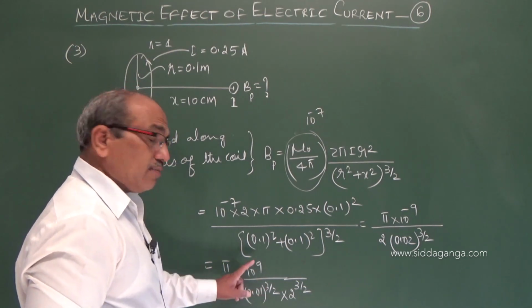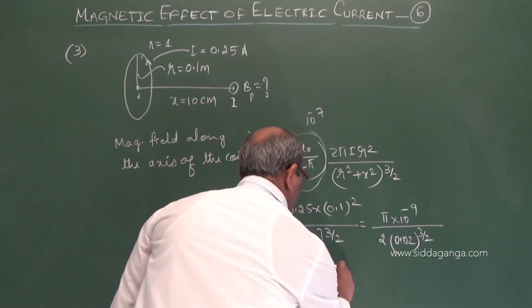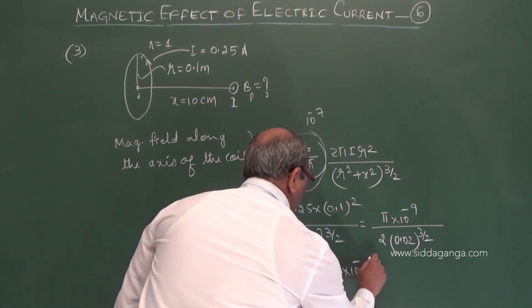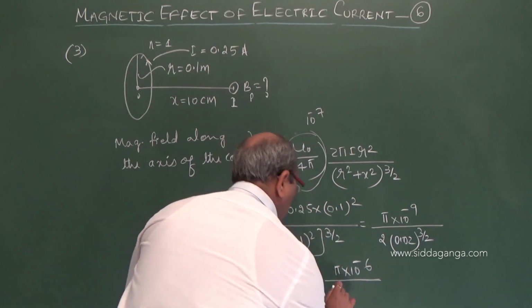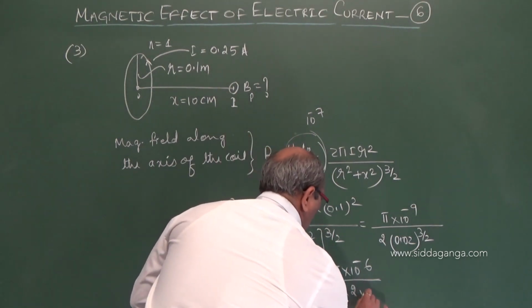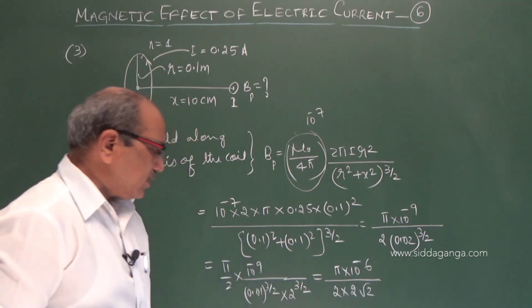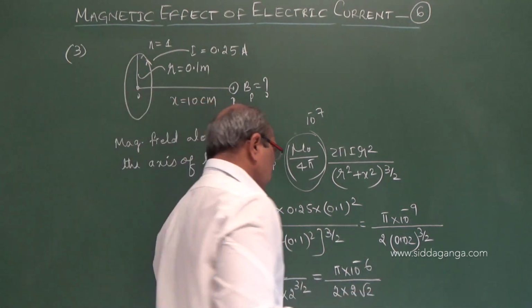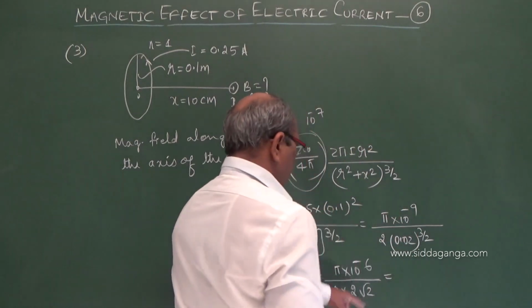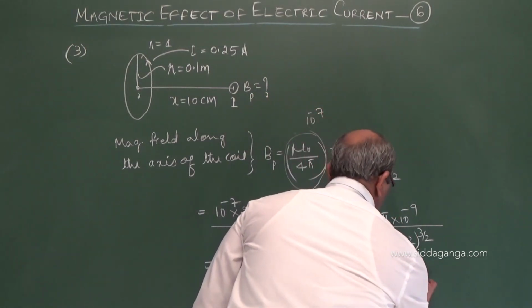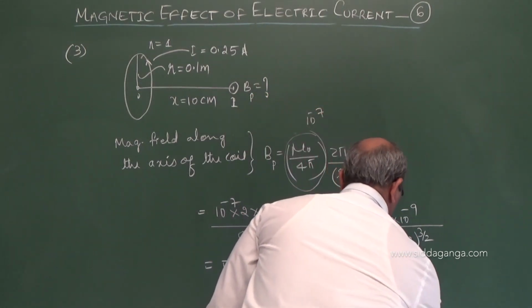This minus 3 and minus 9 combine to become minus 6. Pi into 10 power minus 6 by 2 into 2 root 2. Why? Because 2 cube is 8, and square root of 8 is 2 root 2. Pi by 4, if I take it as pi into 0.7 by 4.